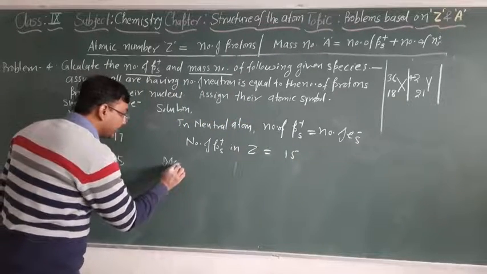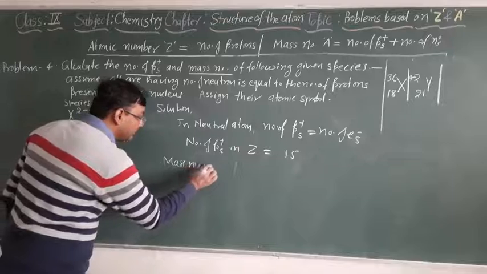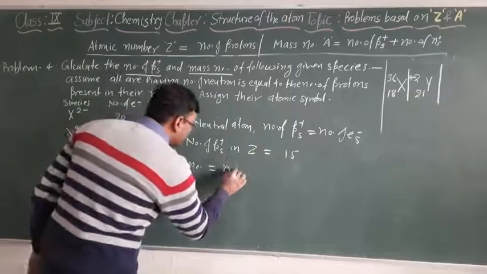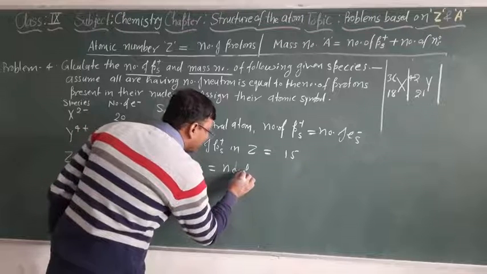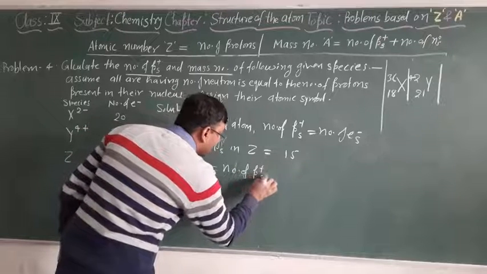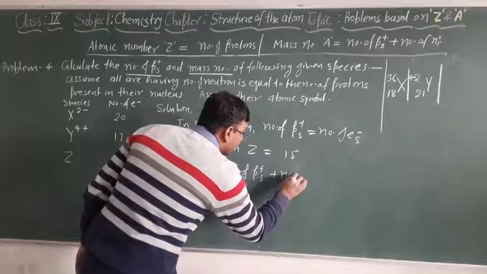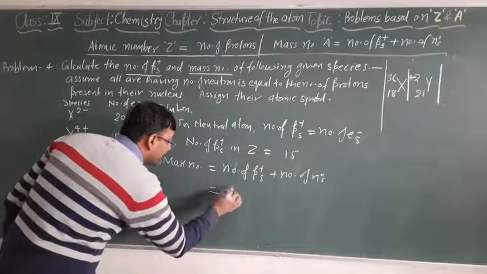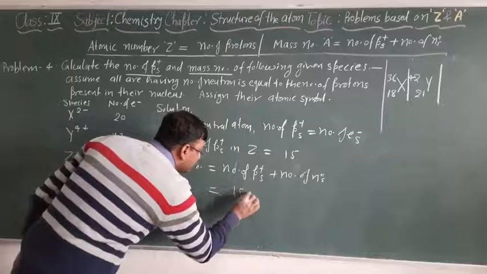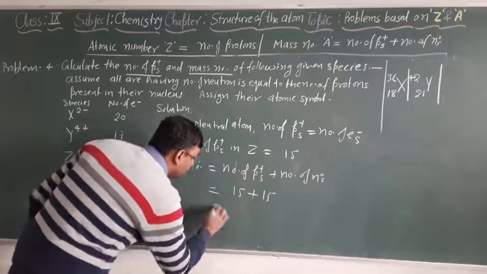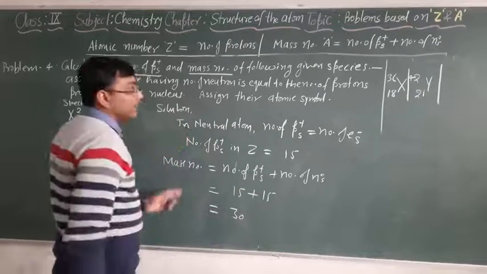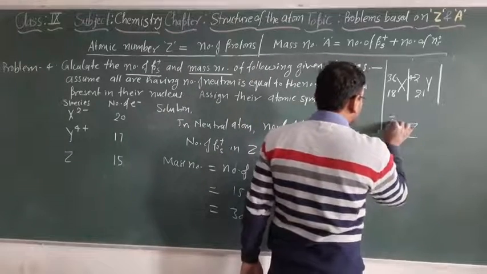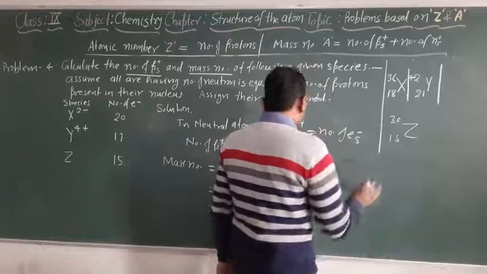Mass number is equal to number of protons plus number of neutrons. So we get 15 protons, 15 plus 15, so this is 30. Atomic symbol for Z will be 15 and 30.